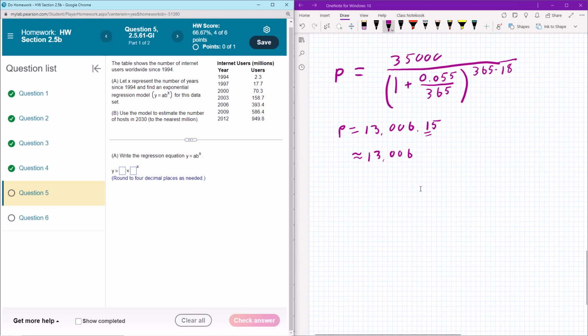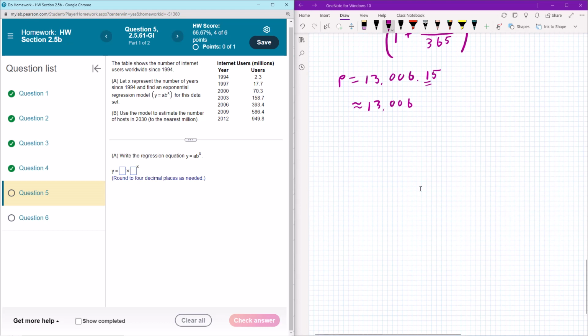Well, the first thing is that they want X to be equal to the number of years after 1994. That is years minus 1994. So let me make a little table here.